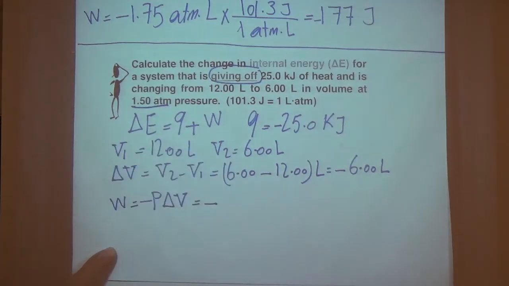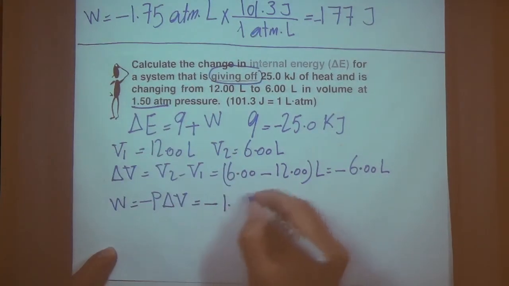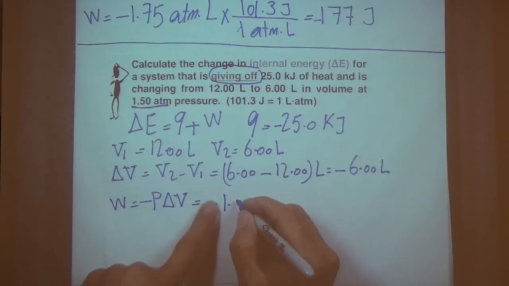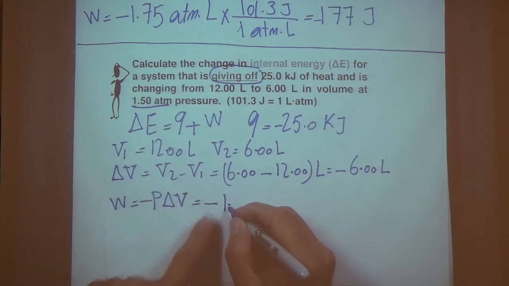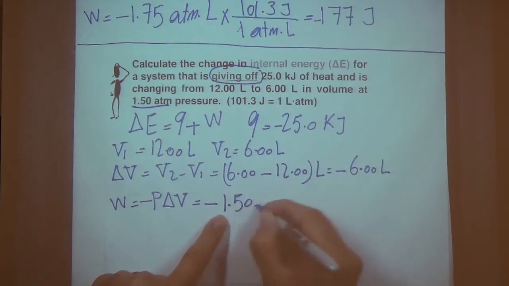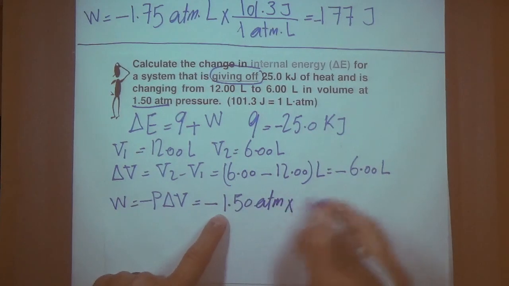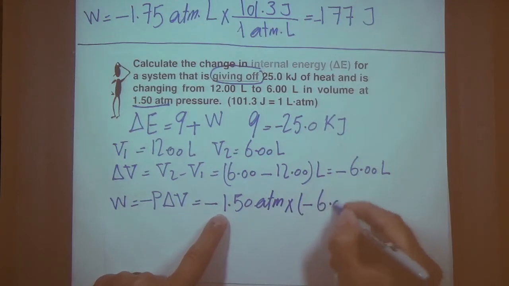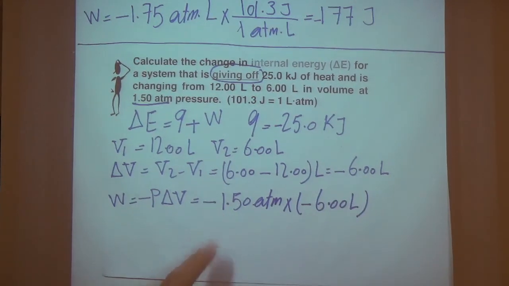So we do have the pressure. Sorry, minus is from the formula. So it will be minus pressure 1.5 atmosphere multiplied by minus 6 liter.